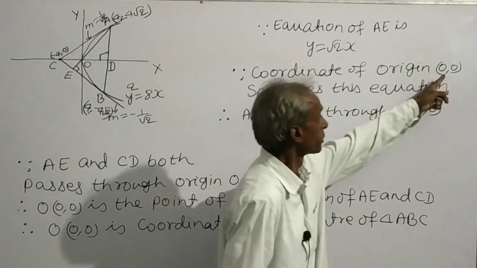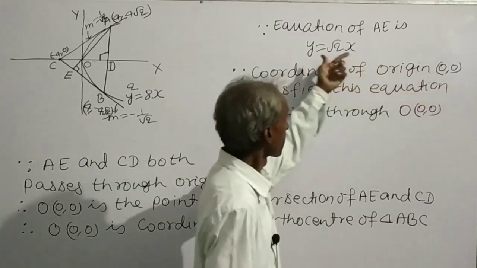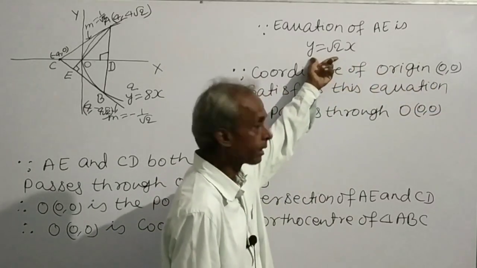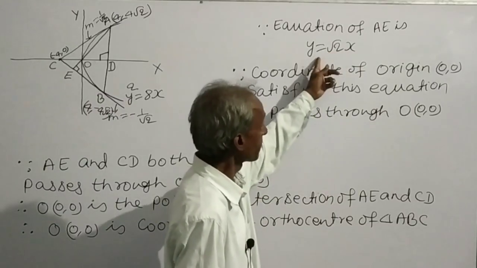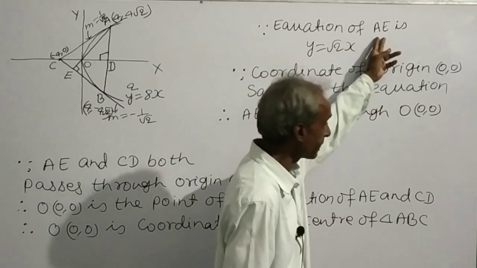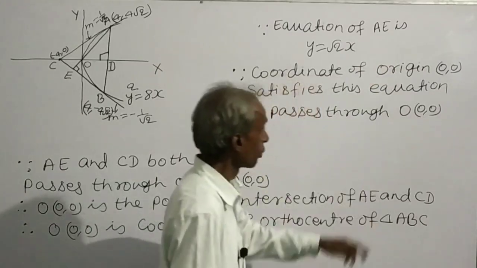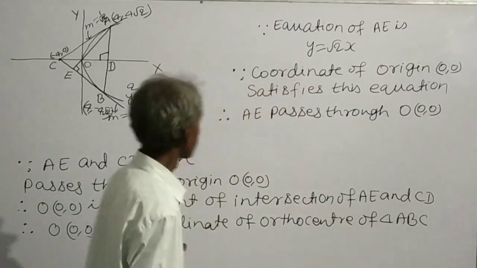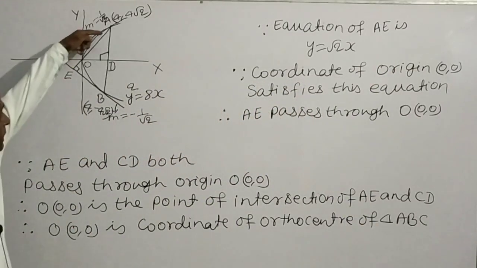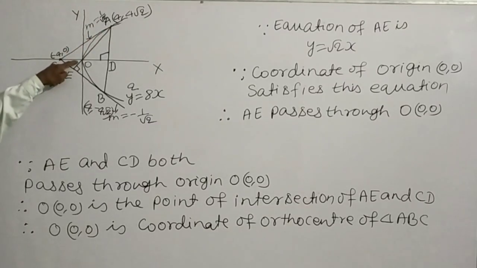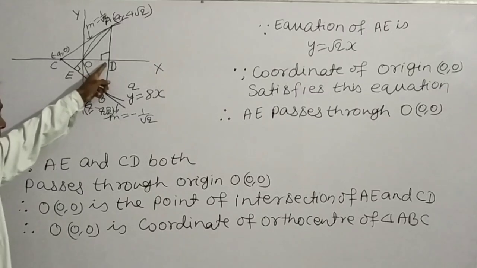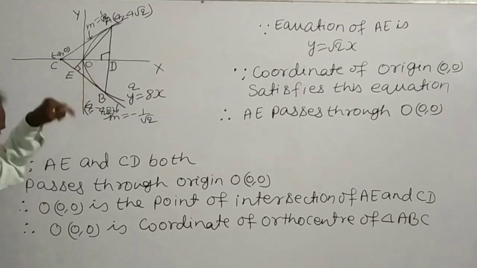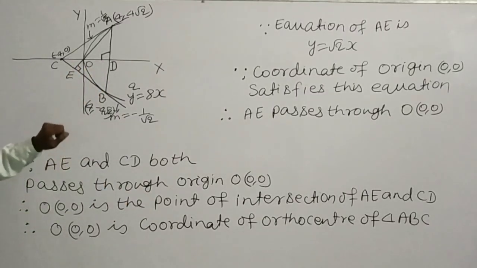Since 0, 0 satisfies this equation, that means AE passes through the origin, and CD also passes through the origin.